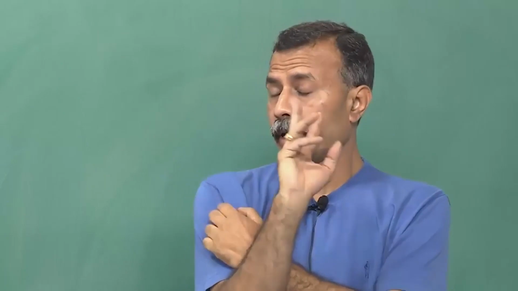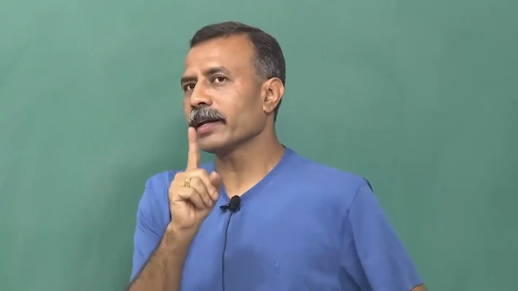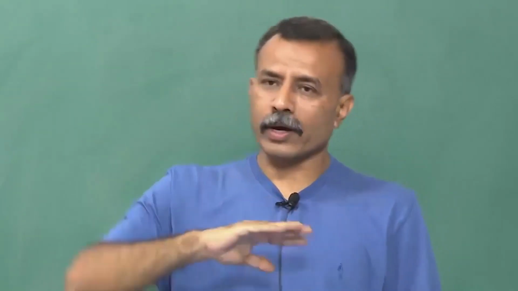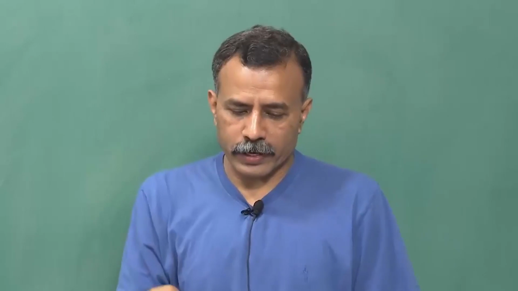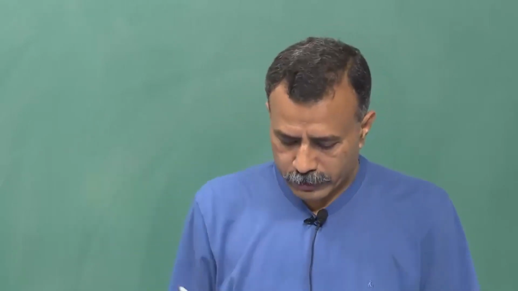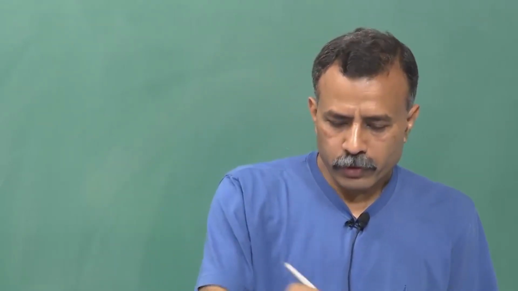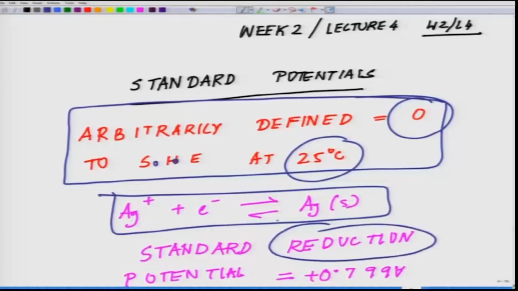So again, you can define it two ways, as I am repeatedly telling you. Try to demarcate. You can ask what is the power to give away the electron, which is you are getting oxidized. In that case, instead of standard reduction potential, it will be called standard oxidation potential. But generally, we do not define it like that.